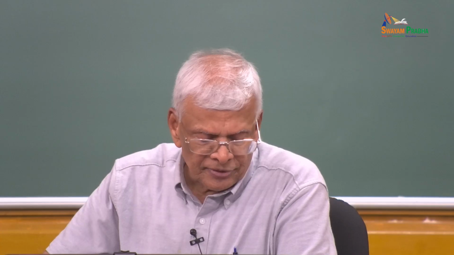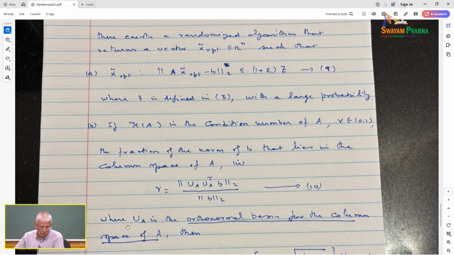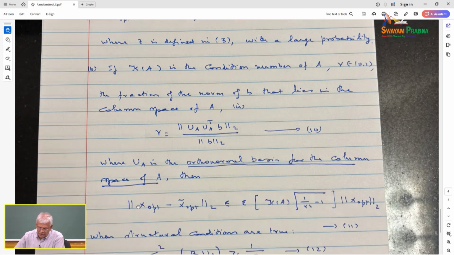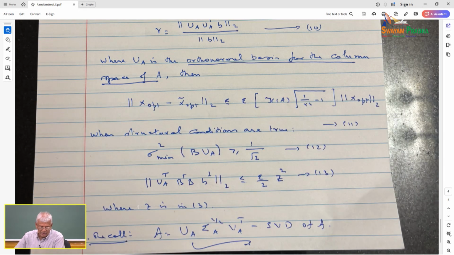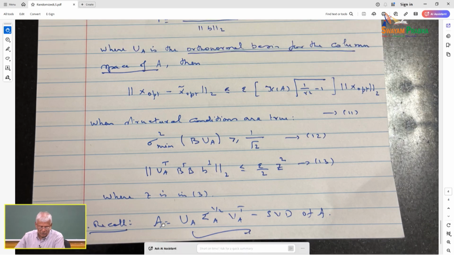Now, A is the matrix. You all know A admits an SVD. Now, let us come back to that. So, A is equal to U subscript A sigma A to the power half V A transpose. That is the SVD of A. You all know that.